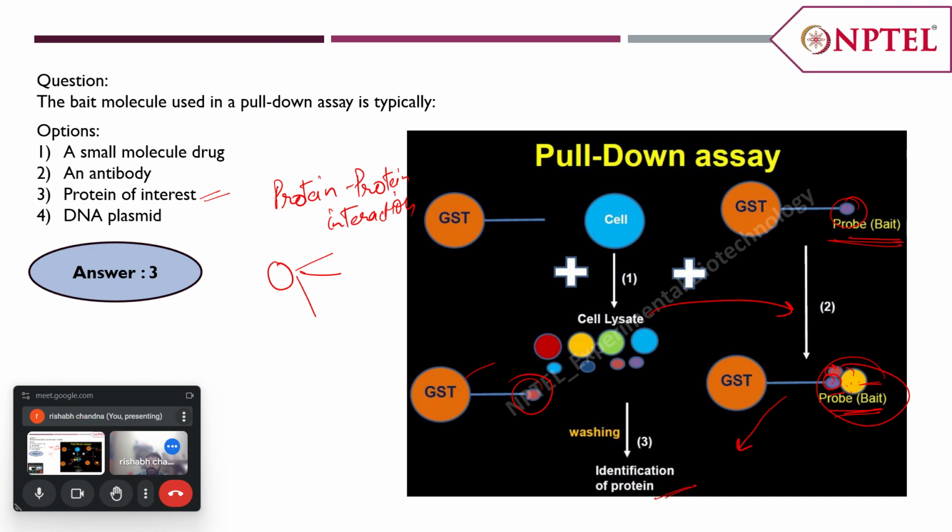So, am I clear? GST is glutathione transferase, basically. Here we can directly use the antibody also for detection of those particular proteins interacting with another protein.